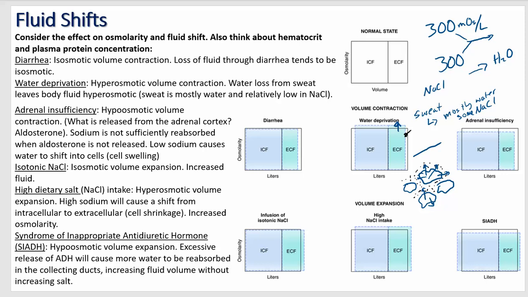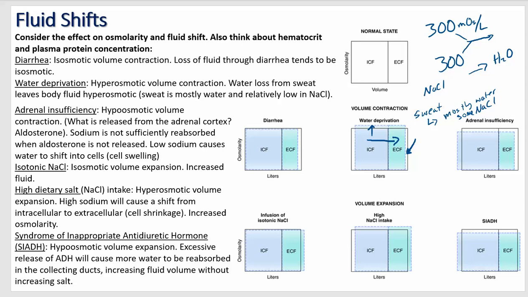So that explains all of these things. We have a fluid shift from inside the cells to outside. We have an overall volume contraction, which we see in our extracellular, and we have an increase in tonicity, or an increase in osmolarity. So it's becoming higher osmolarity, hyperosmotic.